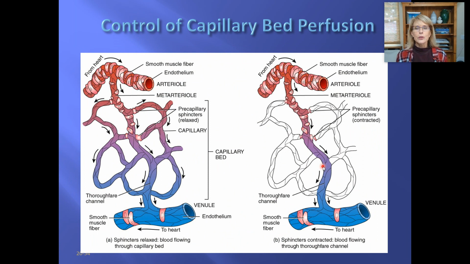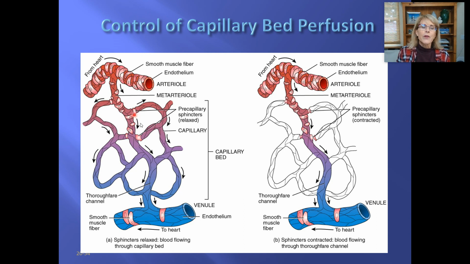So what controls capillary bed perfusion? It's going to be the cells that live in these white spaces, whatever they are. When they have used up their oxygen, they have made a whole bunch of trash called carbon dioxide, CO2. And when carbon dioxide dissolves in water, it creates acid.